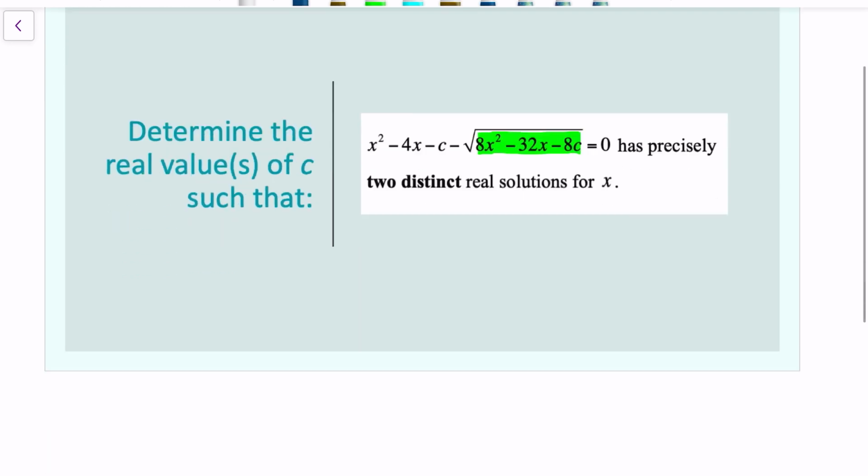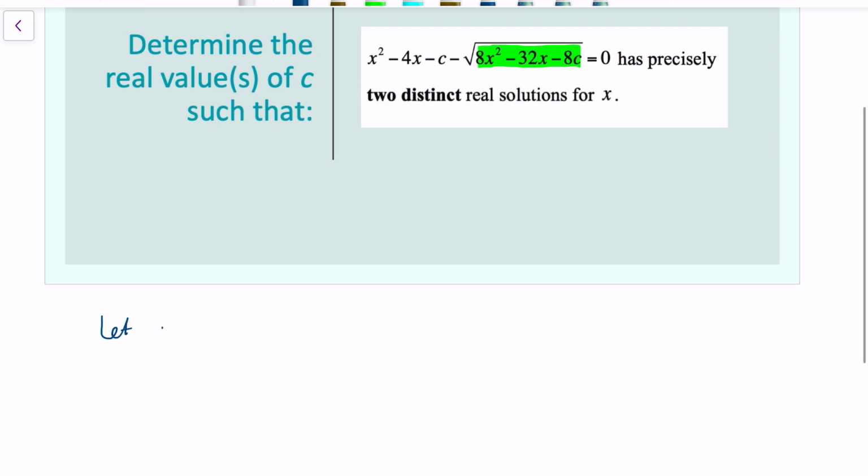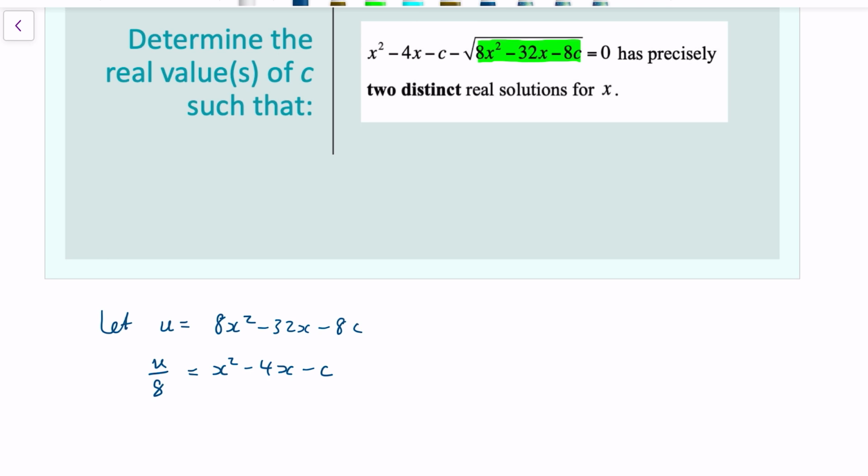So if I say let u equal 8x squared minus 32x minus 8c, then u divided by 8 is x squared minus 4x minus c, which is the thing that's in the front, the first three terms. So I've got a problem that simplifies down to u divided by 8 minus the square root of u equals 0.